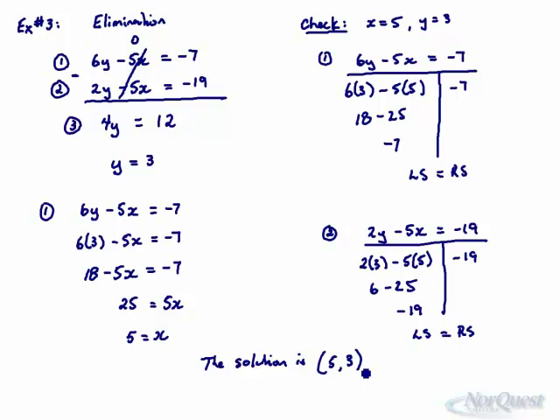Now I'll give you one of the worst case scenario types you'll see in example 4. Example 4, again, we'll use elimination. But we can use this method for particularly difficult equations. And here's the system.